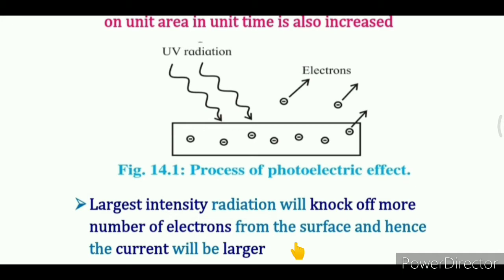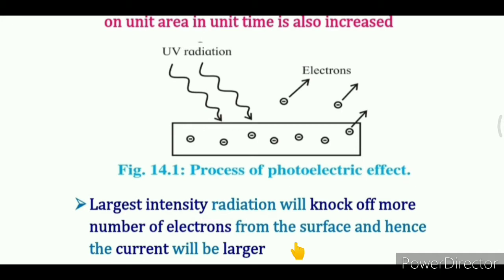hence fewer ejected photoelectrons, and therefore lower current. So by using Einstein's assumption, we come to know one of the observations from the experiments on the photoelectric effect, that the photoelectric current is directly proportional to the intensity of incident radiation.